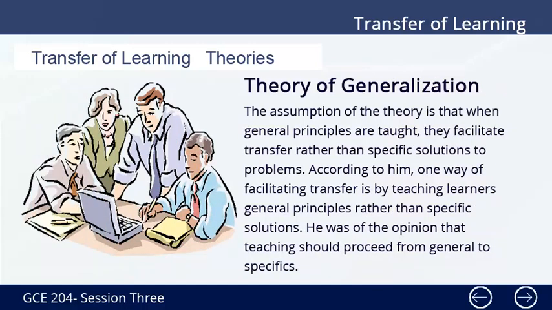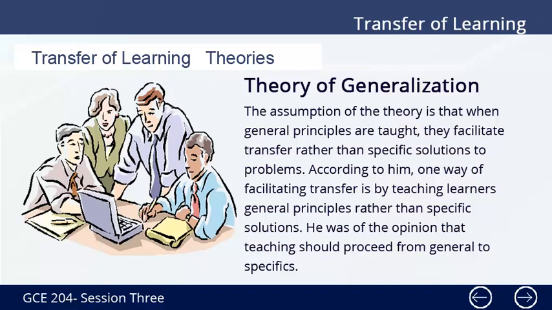Theory of generalization. The theory of generalization was developed by a psychologist named Charles Judd. The first researcher to question identical element theory was Charles Judd, 1908. The assumption of the theory is that when general principles are taught, they facilitate transfer rather than specific solutions to problems.